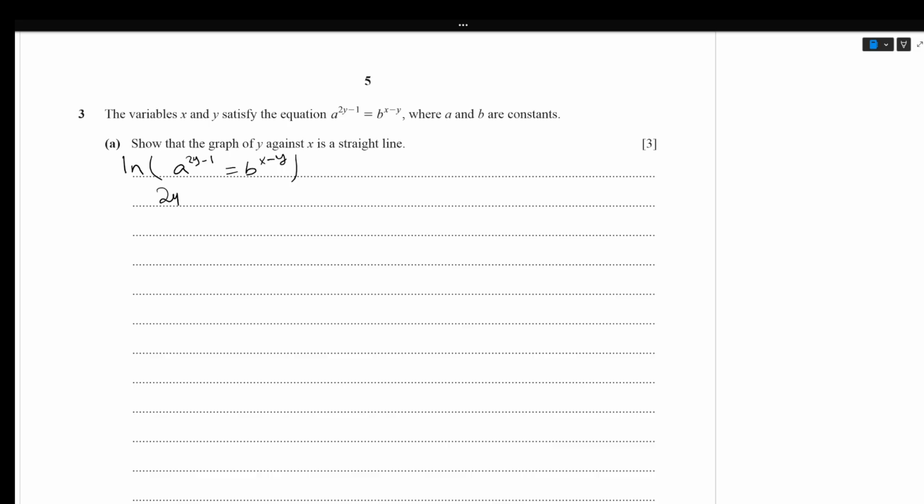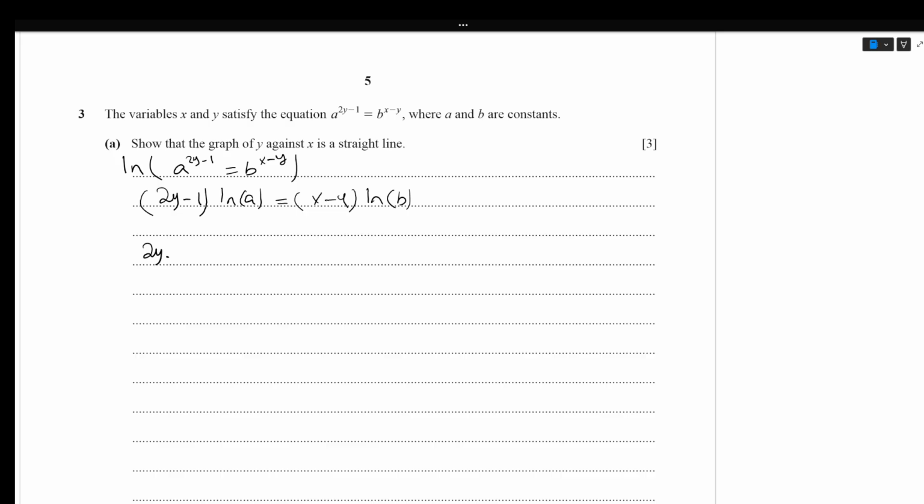What you'll end up with is 2y minus 1, again, ln a is equals to x minus y, again, ln b. Now you just need to simplify this equation for y in terms of x.